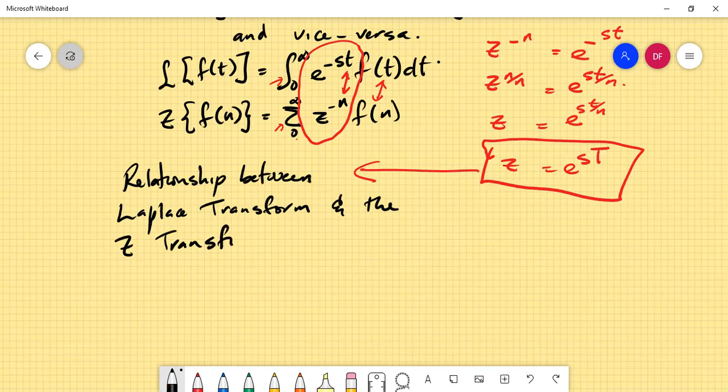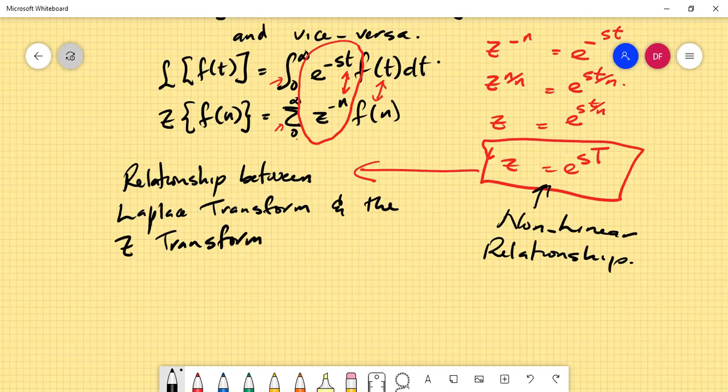The relationship between the two is z is equal to e to the st. But problem, this is a nonlinear relationship. And nonlinear is like a four-letter word.